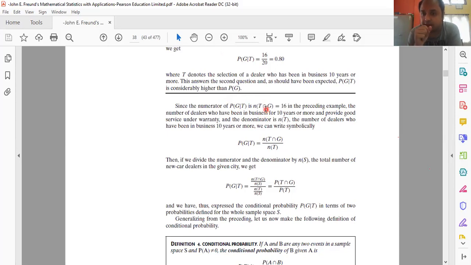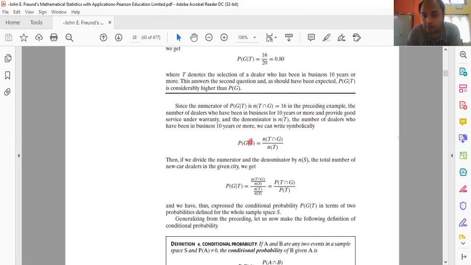Means what is T? The person is in business for 10 years or more, and he can provide good service. This is happening together. So n of T intersection G will be 16. In the preceding example, the number of dealers who have been in business for 10 years or more and provide good service under warranty. And the denominator n of T, the number of dealers who have been in business 10 years or more only.